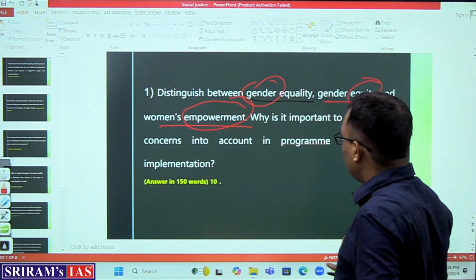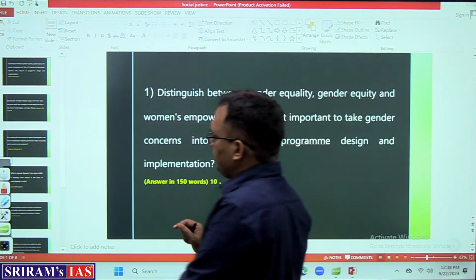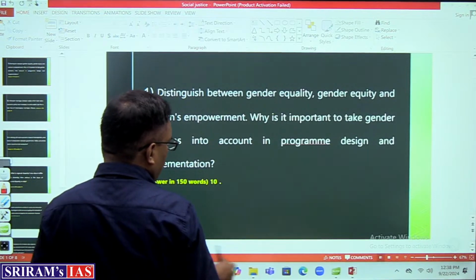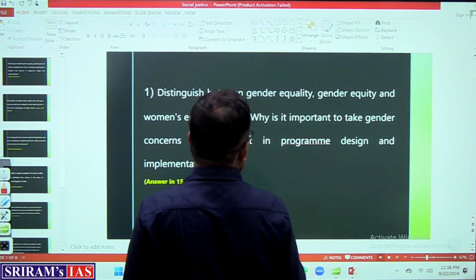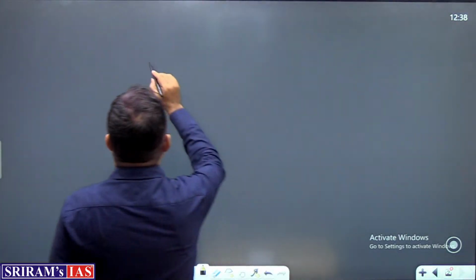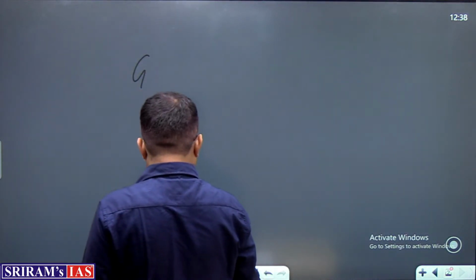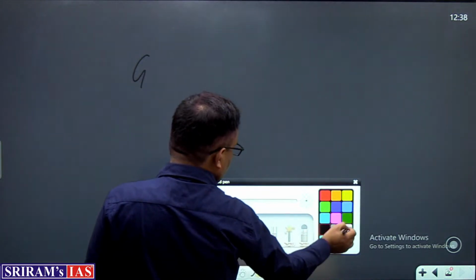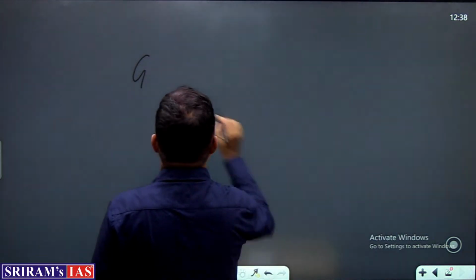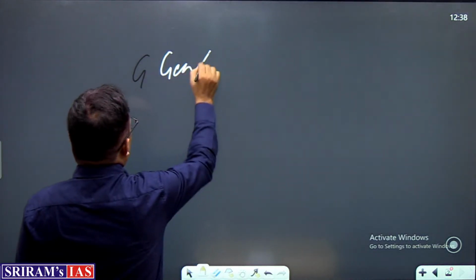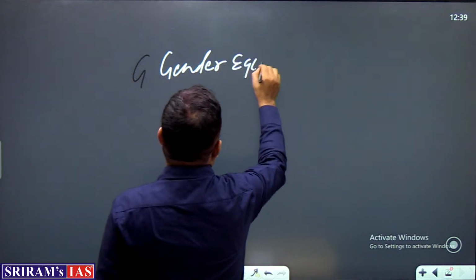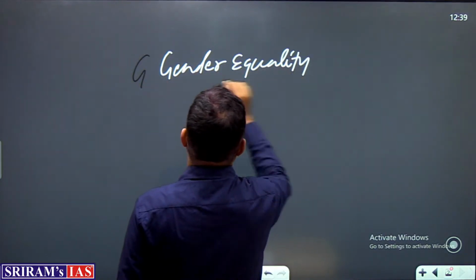First term is gender equality. What is the meaning of this term?